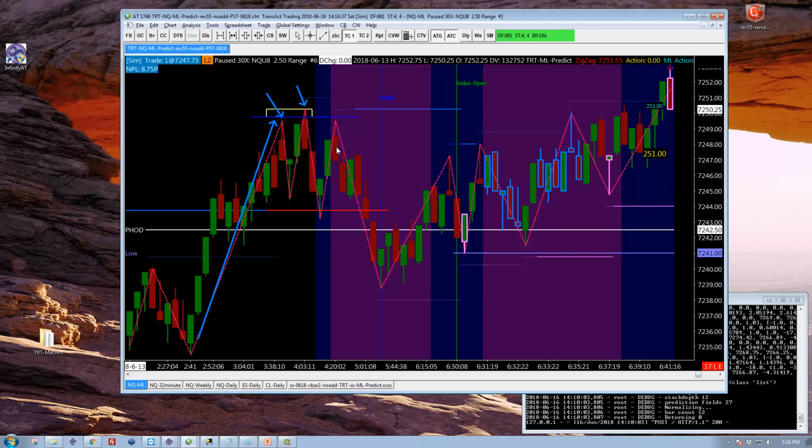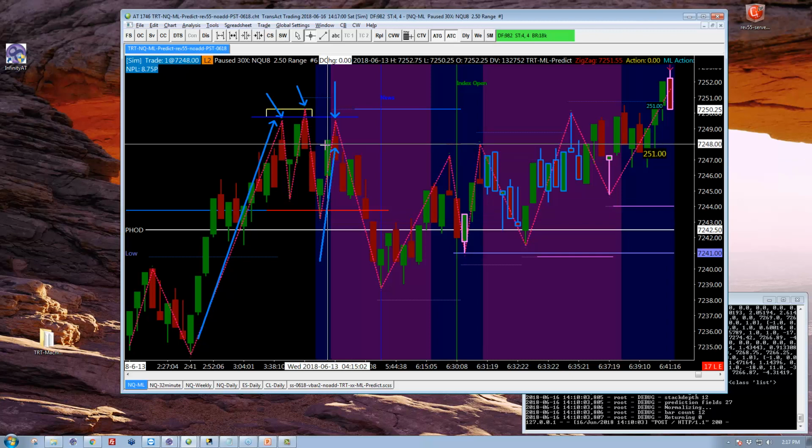So starting from this bar here, we won't take a long or a short because we've established a high level and a low level. And they're pretty close to each other. This wave is like 25 ticks or so.